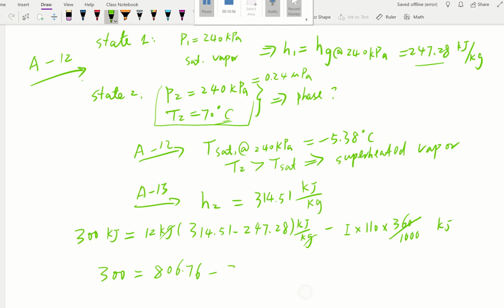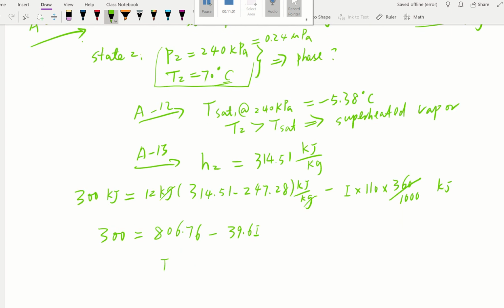That gives us 39.6 I. All right, then we can solve for our I. I will be equal to 806.76 minus 300, then divided by 39.6. Let's see what we have. And I have an answer here as 12.796 repeating. So basically that's 12.8 amps.